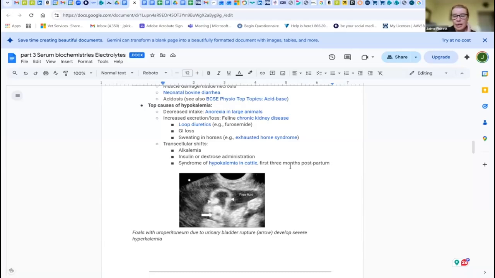Loop diuretics can cause it. GI losses and sweating in athletic horses are also reasons. Insulin and alkalemia shift potassium into cells. We also see postpartum hypokalemia syndrome in cattle.